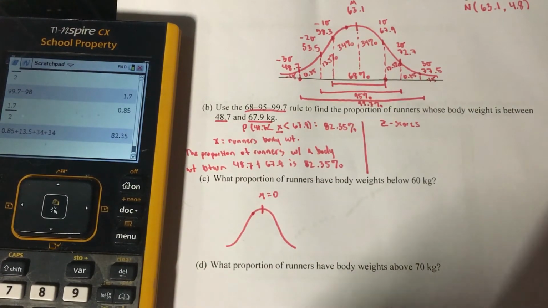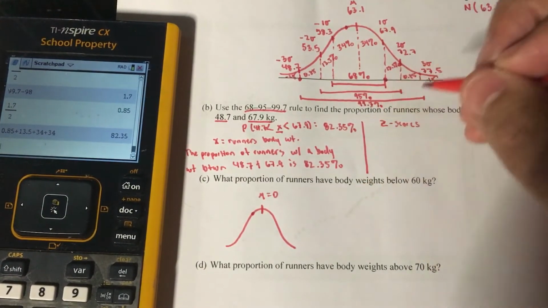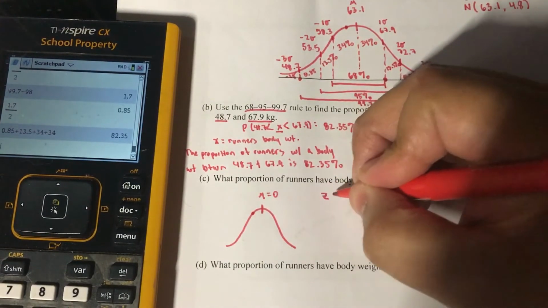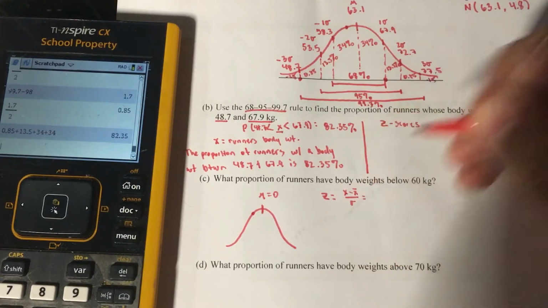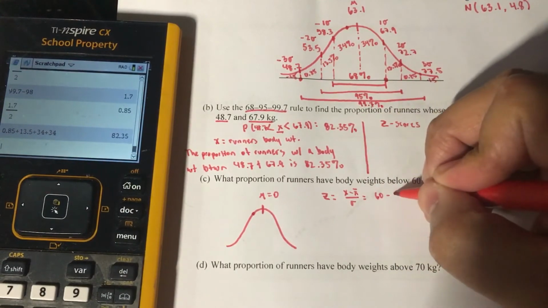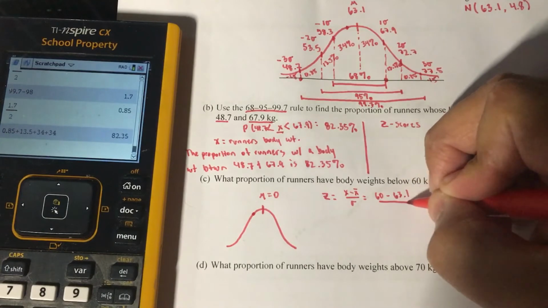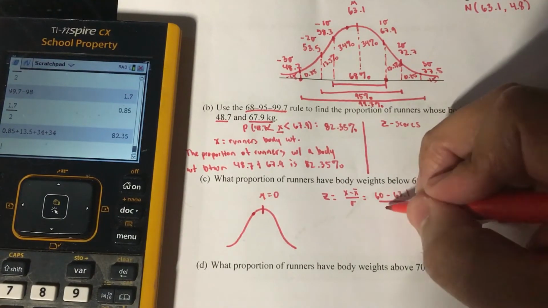Okay, so I'm going to use my z-score equation. So 60 minus 63.1 over, they told me standard deviation was 4.8.